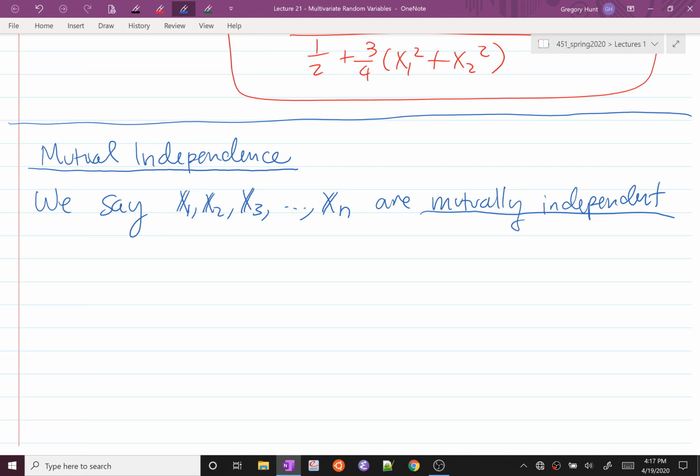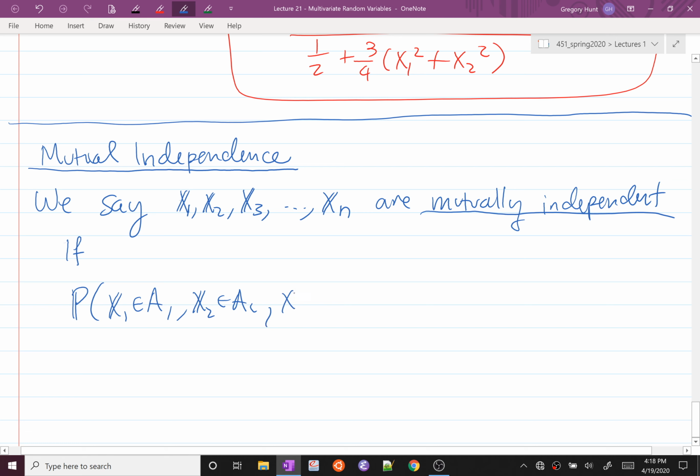And the way that we think about this is, the technical definition, which is not particularly useful, is that we say these things are mutually independent if the probability of x1 in A1, x2 in A2, x3 in A3, all the way up to x sub n in An.